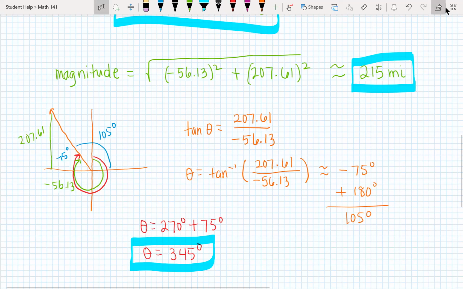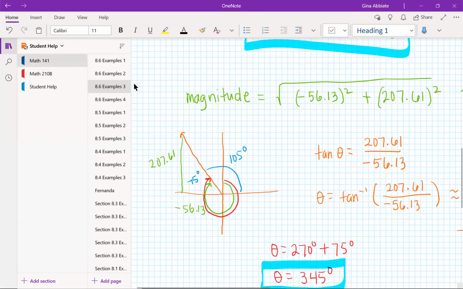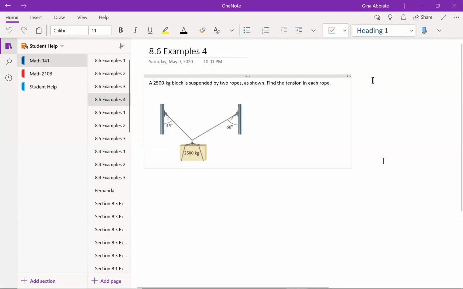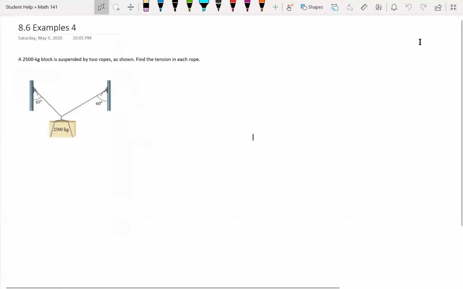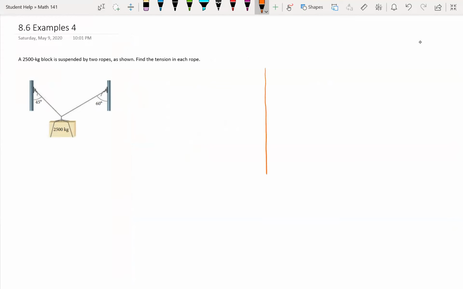Okay, moving back to the other question that we just had. Sorry, I'm skipping around a little bit. We're looking at a block that's suspended by two ropes, and we want to find the tension in each rope. I'm going to draw a picture that will give us a different perspective of what's happening here.